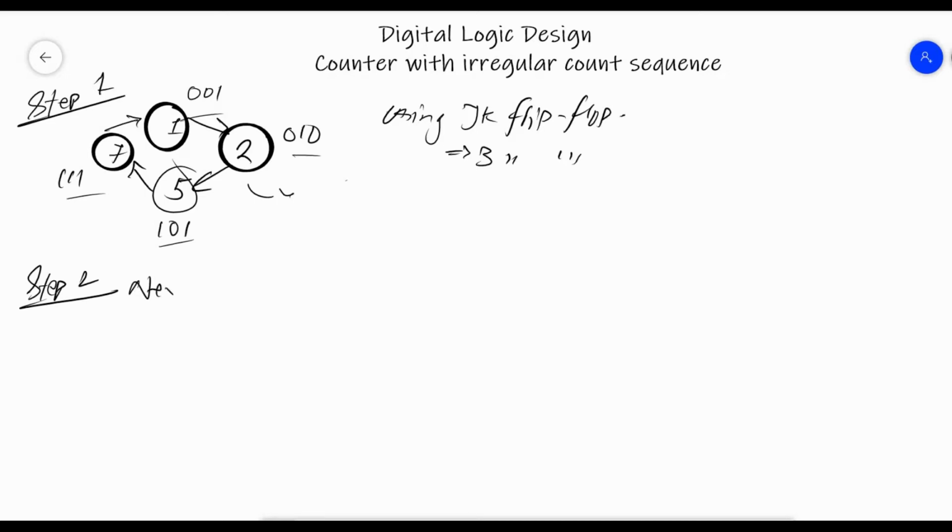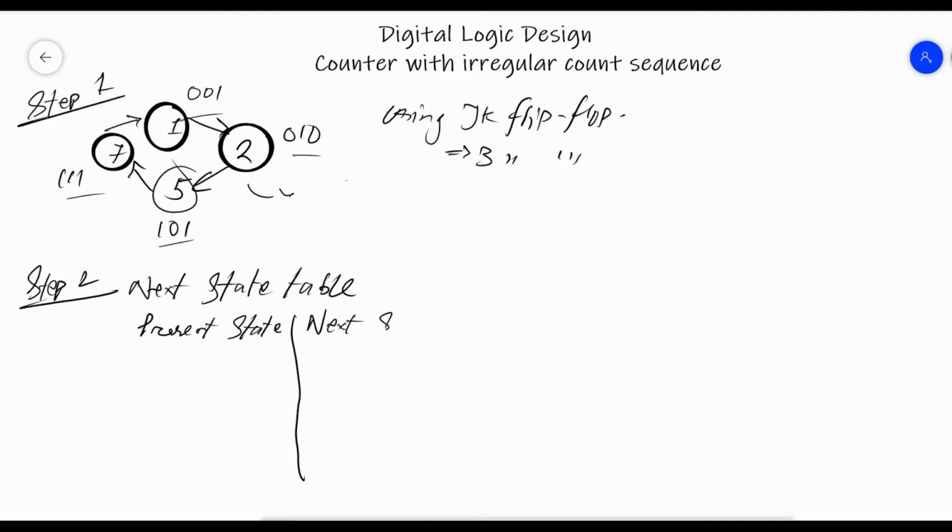We need the next state table. For this we need at first the present state and then the next state, and here we will keep the sequence 1, 2, 5, 7.